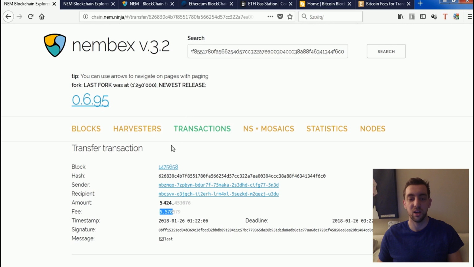As I said, the normal fee is like 0.05 XEM, and with messages like 0.1. So if somebody is paying 5 XEM, he probably uses some kind of exchange to withdraw their money, and that's a lot. But harvesters are getting it, so good for them.